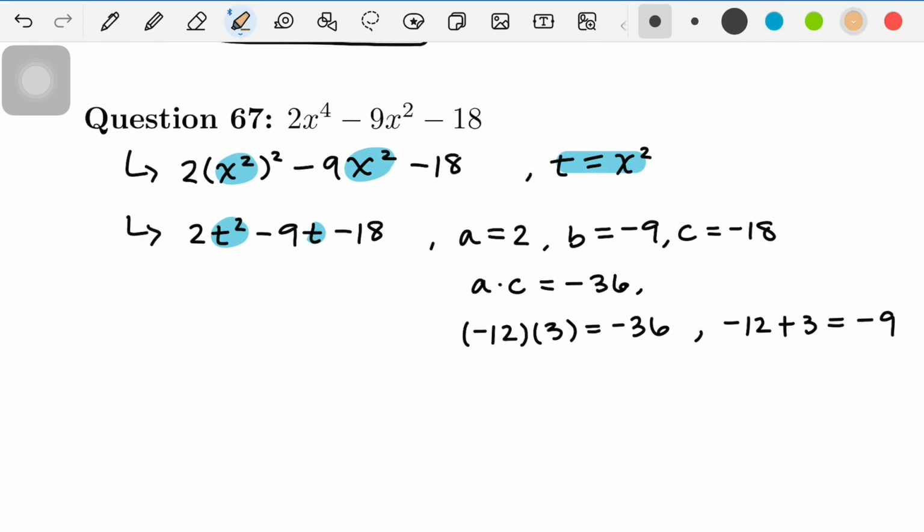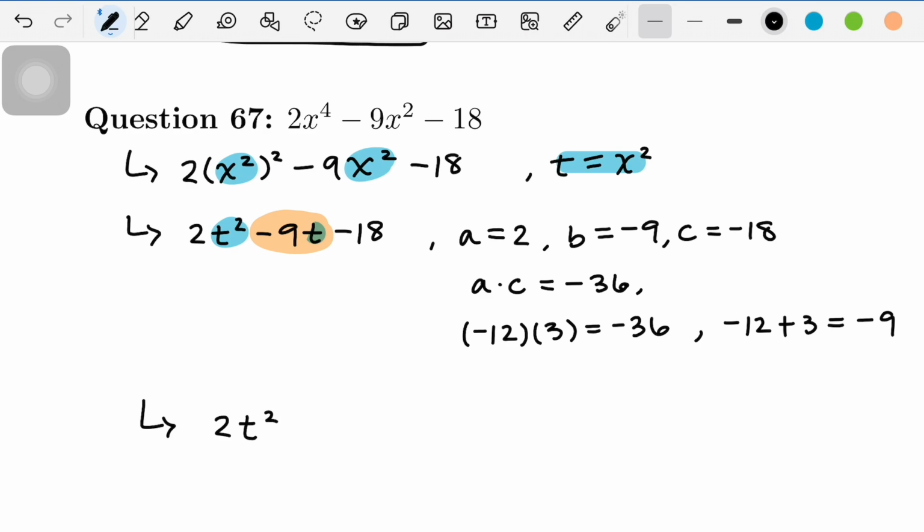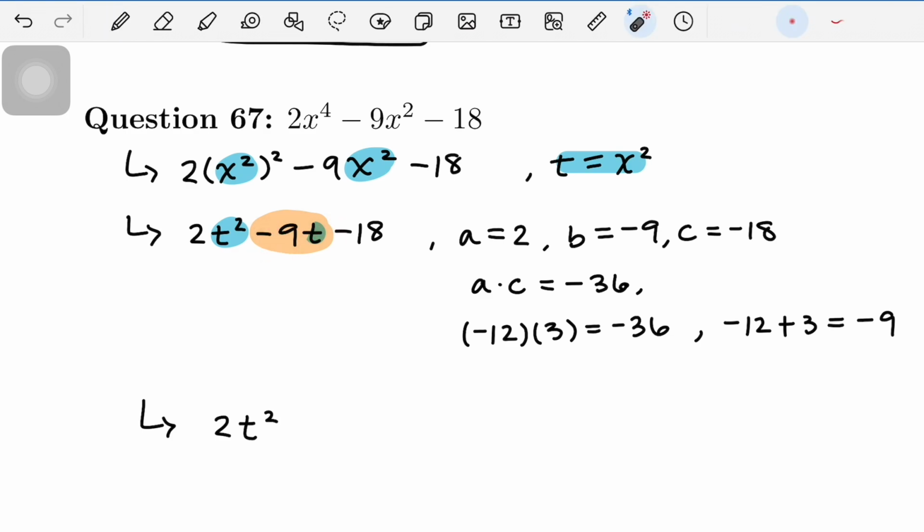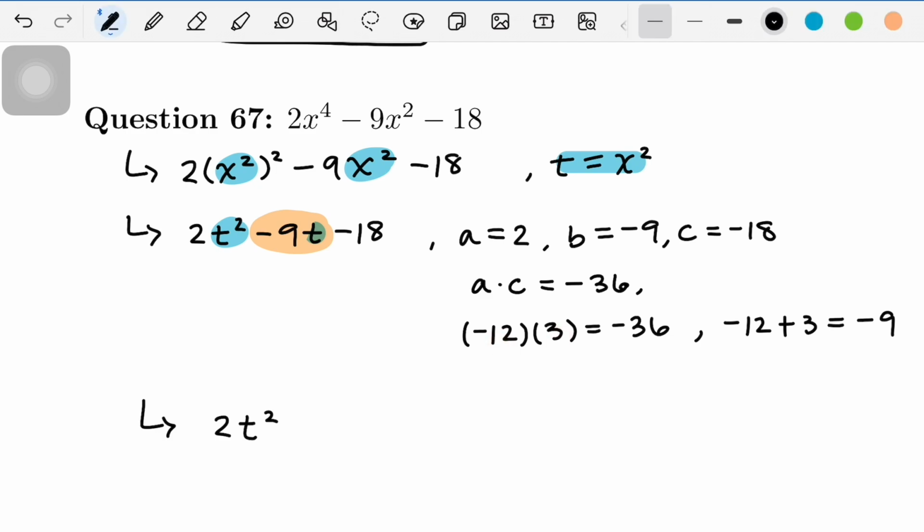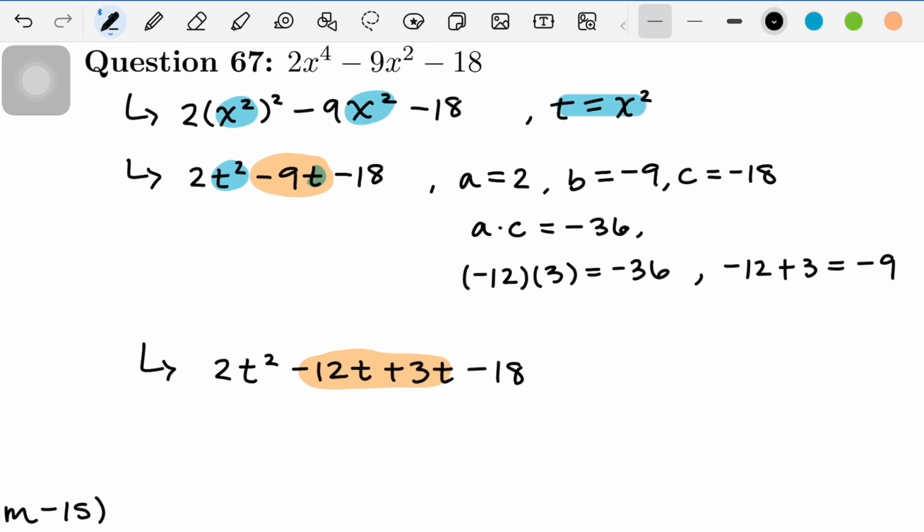So what we can do here is break up this middle term into 2 different terms using those values. So we'll have 2t squared minus 9t, and minus 9t can be rewritten using minus 12t and plus 3t. And then we still have this minus 18 here. Okay, so just rewriting this minus 9t using these 2 terms here. Now from here, we can factor this using our grouping method.